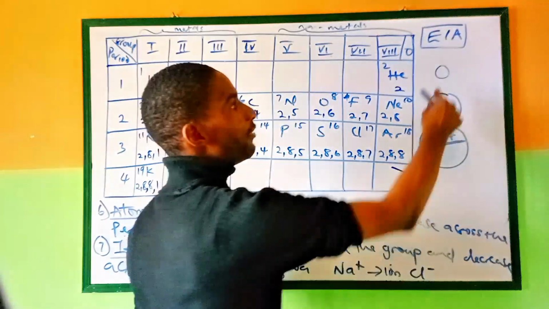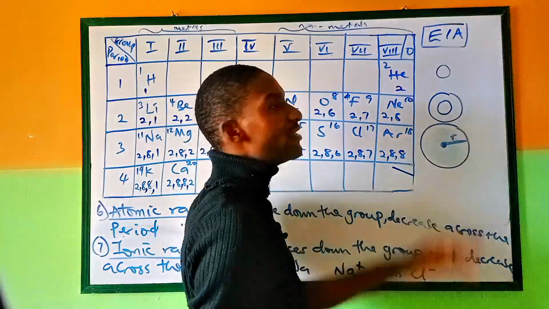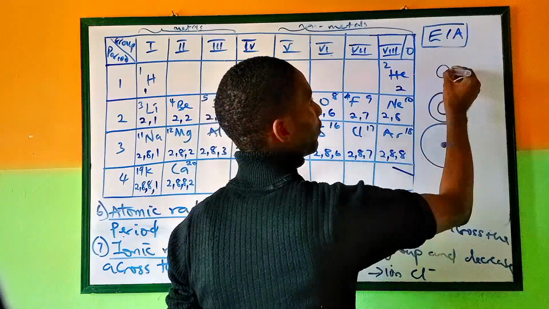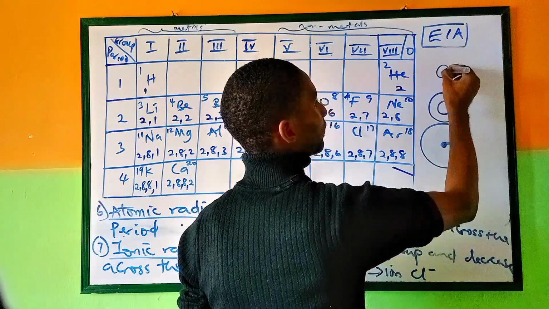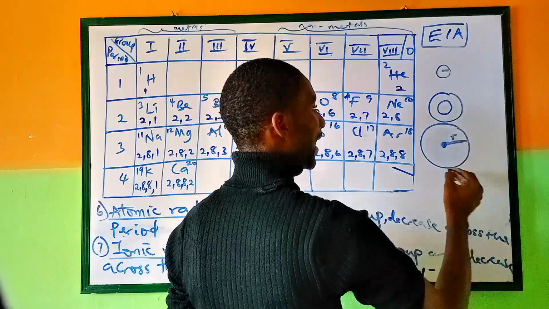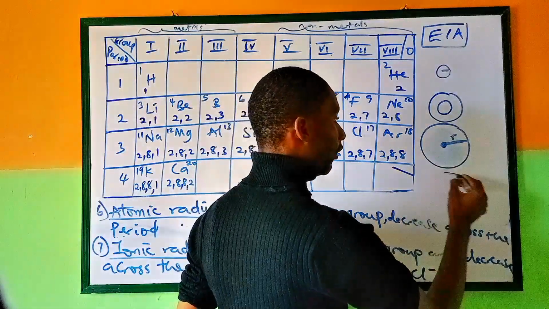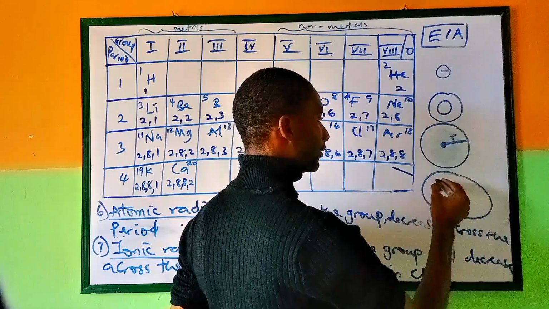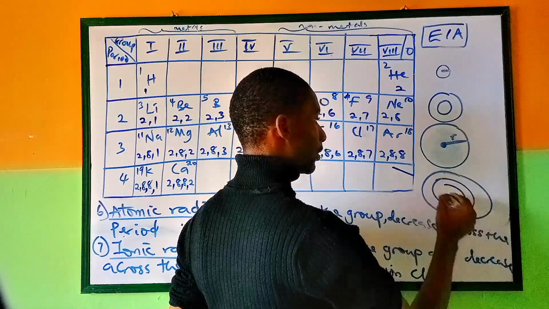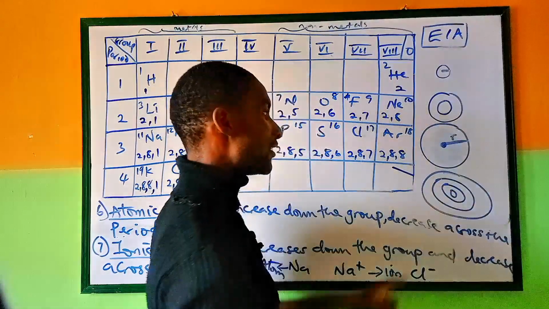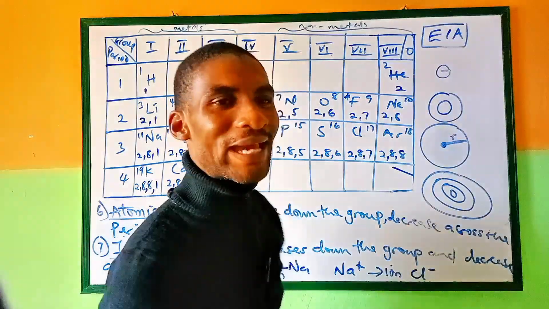Alright, so if I have an element that has just 1 shell, look at the radius of this element, and then I have another element in period 4 that has 4 shells, 1 2 3 4, and I ask you which of them will have a longer radius.